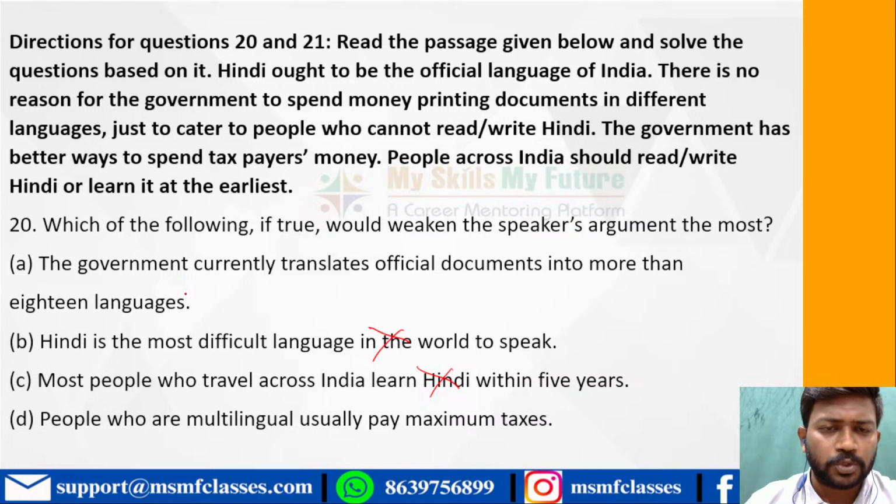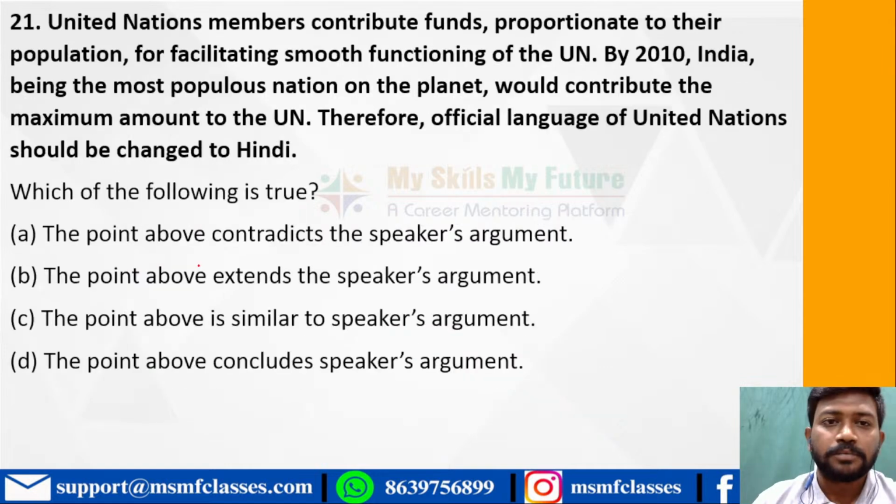In case it becomes true, the writer's argument will become weak. This one, people who are multilingual usually pay maximum taxes. If it becomes true, automatically his argument becomes weak. But here, the government currently translates official documents into more than 18 languages. This is also not mentioned. So go with option D.